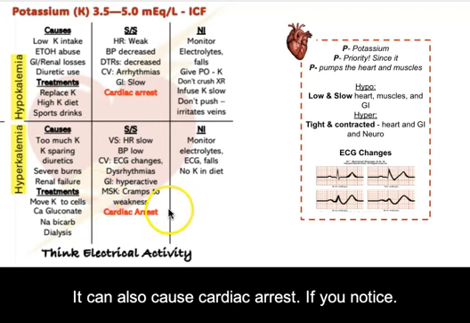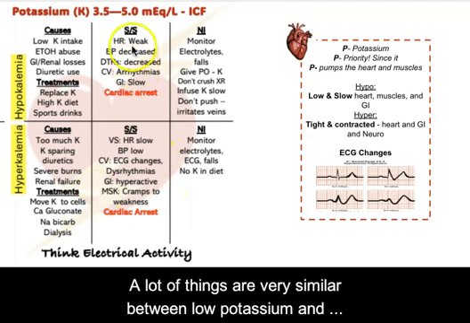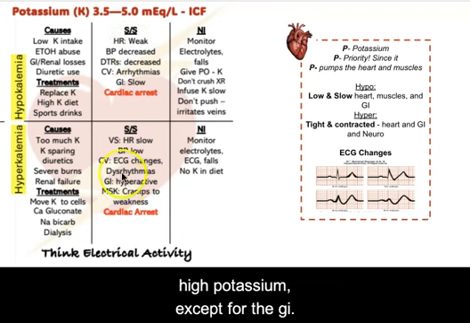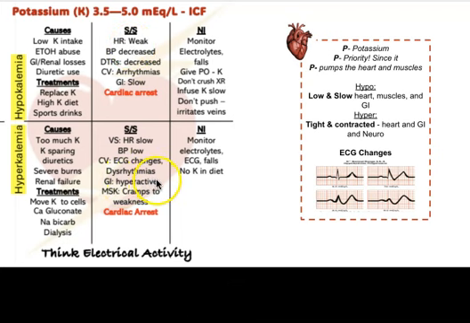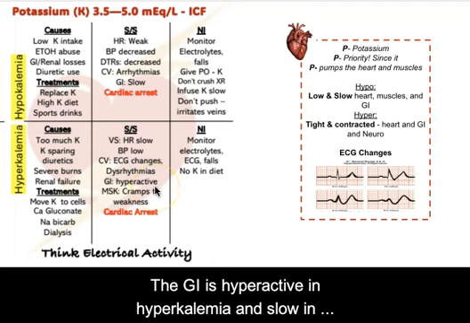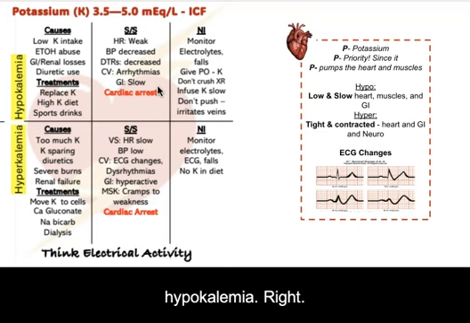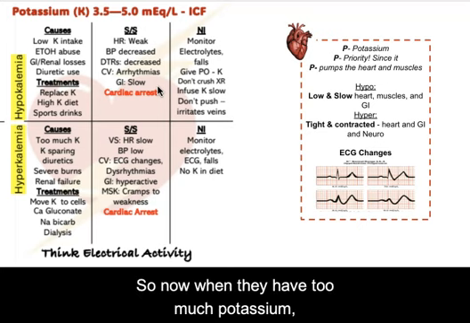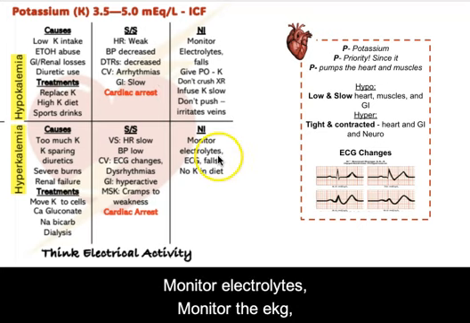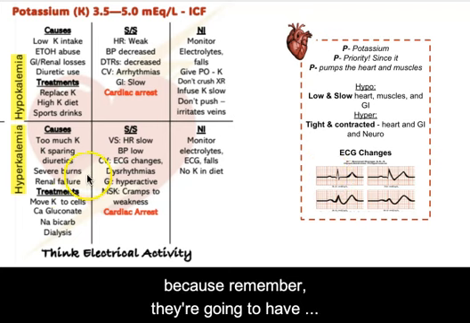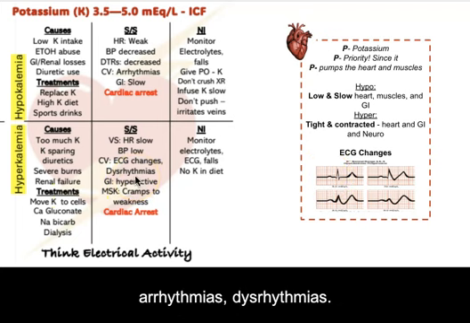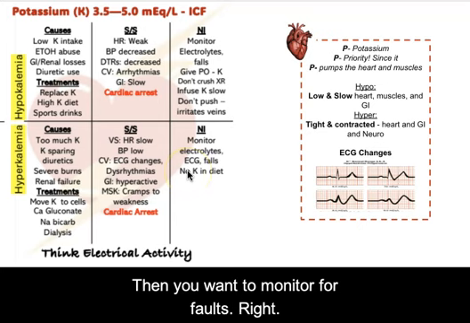It can also cause cardiac arrest. If you notice, a lot of the things are very similar between low potassium and high potassium, except for the GI. The GI is hyperactive in hyperkalemia and slow in hypokalemia, right? So now when they have too much potassium, what do we want to do? Monitor electrolytes, monitor the EKG, because remember, they're going to have arrhythmias, dysrhythmias. Then you want to monitor for falls, right?